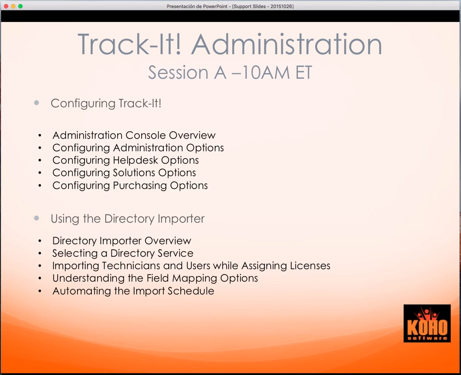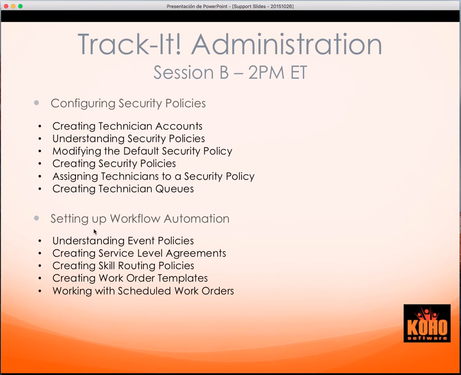We're going to be looking at where the administration options are configured, the help desk options, the solutions and purchasing, and we are going to be looking also at the directory importer: how to select the server, how to import technicians and users, assigning licenses, how to map the options, and automating the import schedule. So that's what we have scheduled for this morning.